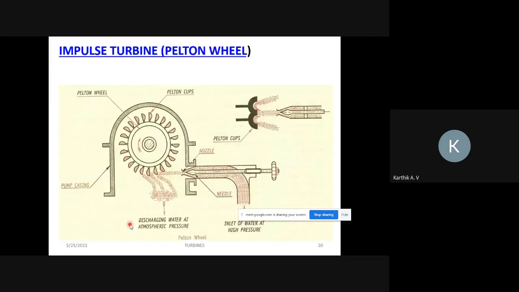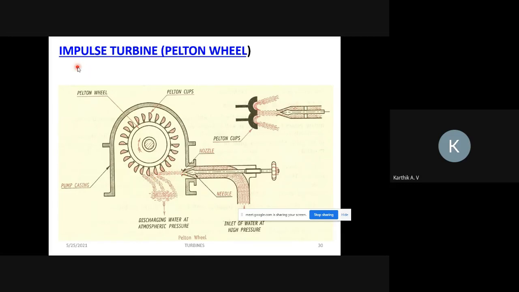Next, impulse turbine. Example for an impulse turbine is the Pelton wheel. It is also called a tangential flow turbine. Here you can observe the water is flowing in the tangential direction of the runner blade, and water is directly hitting the blade.